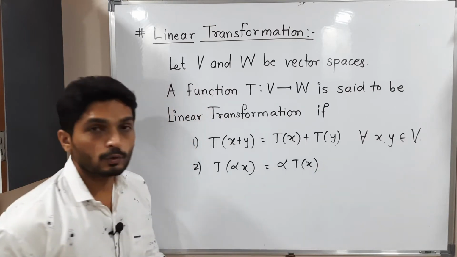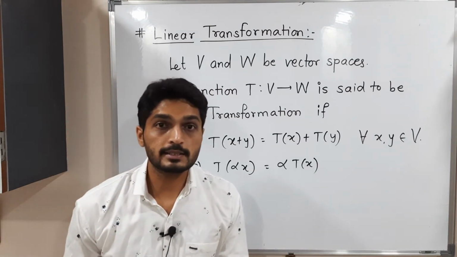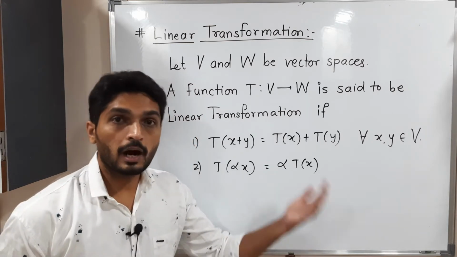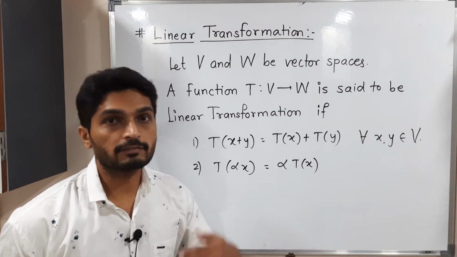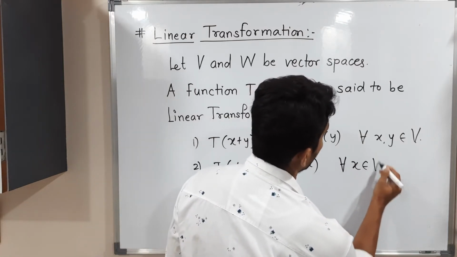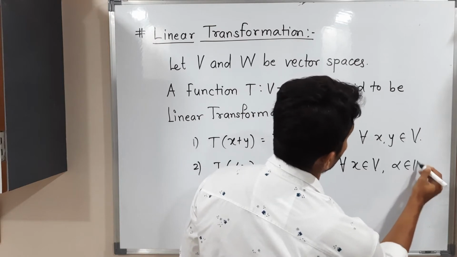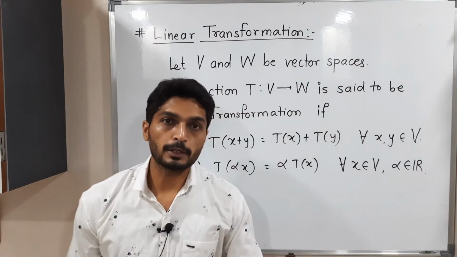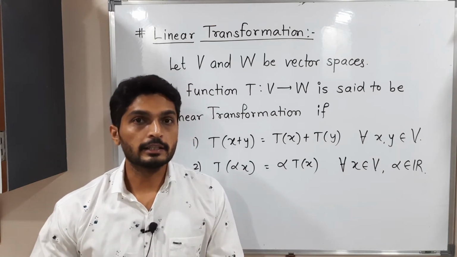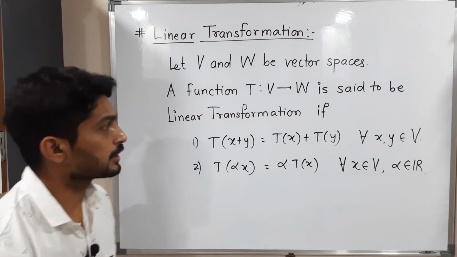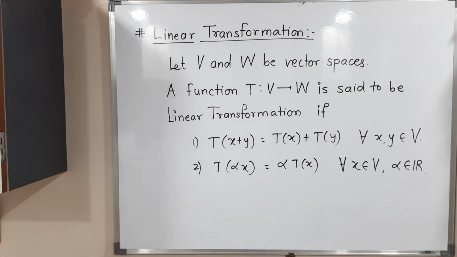That means if there is any constant, or more precisely a scalar, we should be able to take it outside T. This is the second property, for all x belongs to V and alpha belongs to R. So if T satisfies these two properties, we can declare it as a linear transformation. This is the definition of linear transformation. You can make a screenshot of it.